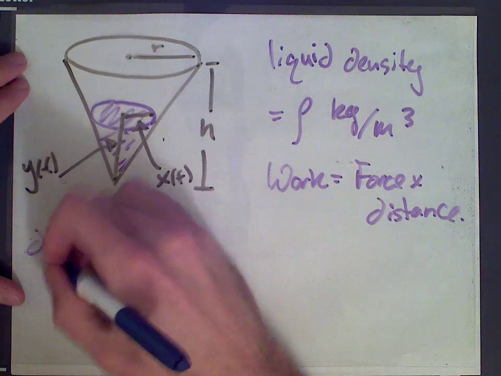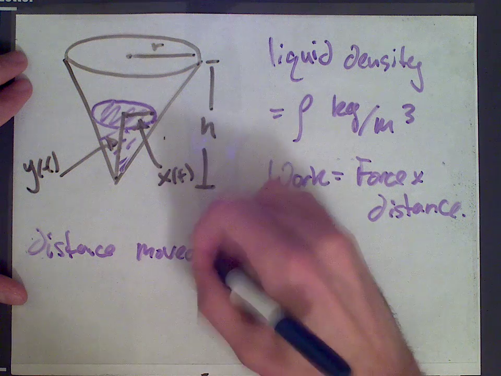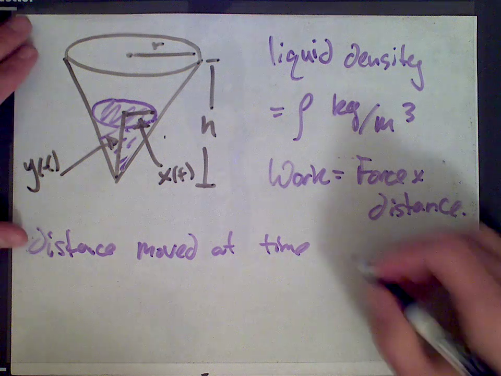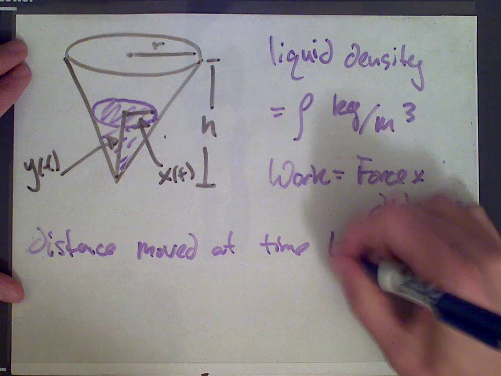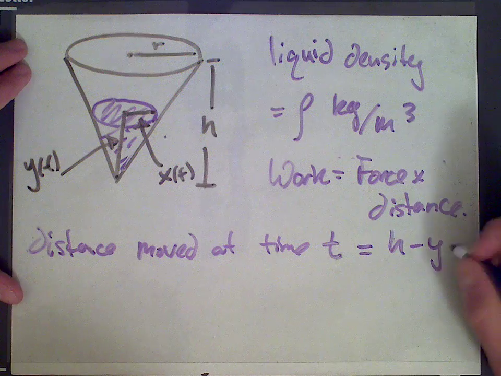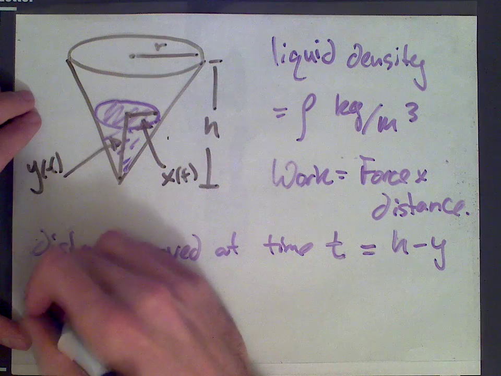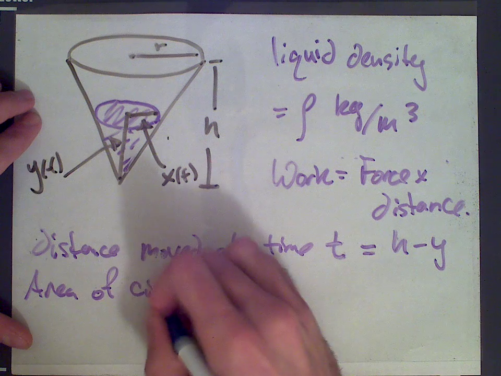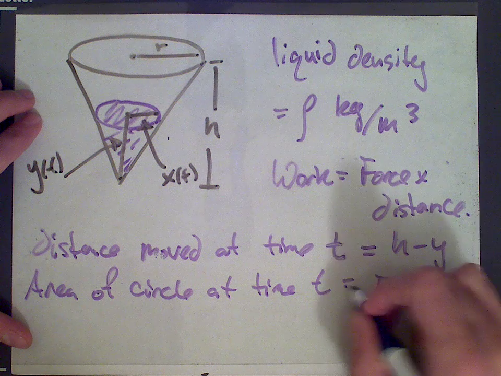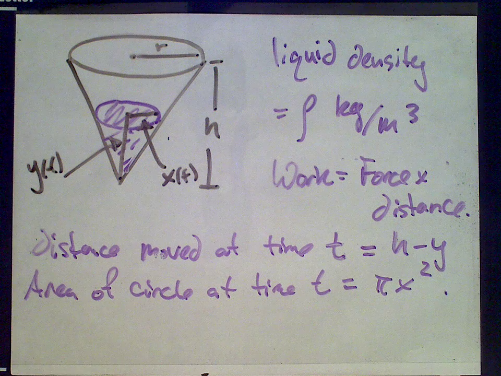So the distance we're moving the liquid to get it over the top at time t is h minus y at time t. The area of this circle at time t is pi times x squared. Now we know the distance moved at time t.